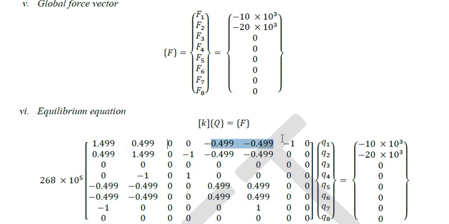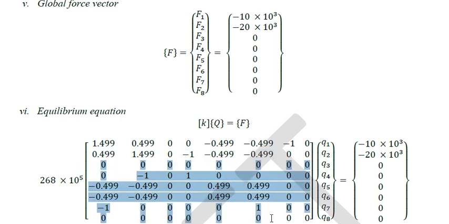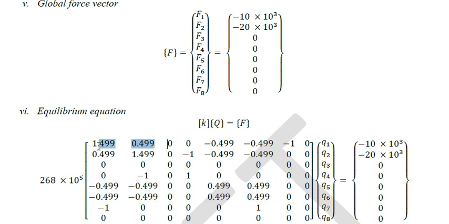From here to here it is gone. Only this much is remaining. And Q1, Q2 are the only allowed degrees of freedom which are not arrested.